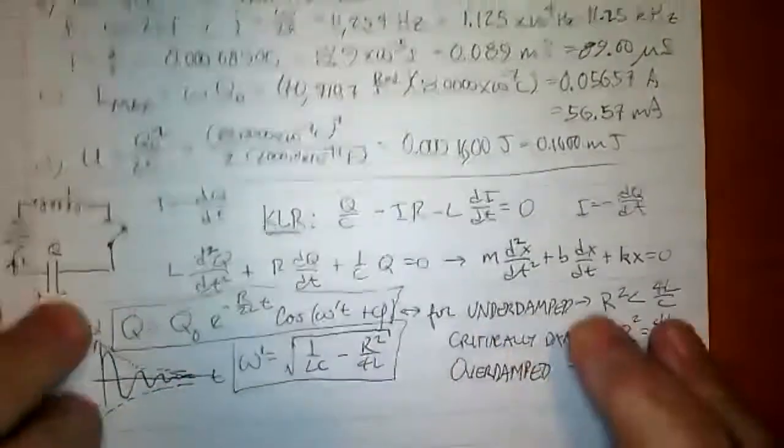So we're going to take a circuit like this, an LRC circuit, and I'm going to actually try to solve a physics problem with it. Okay, so this is example 2.